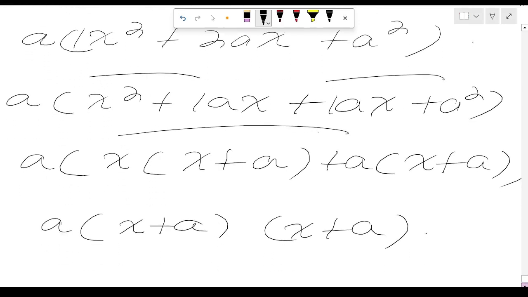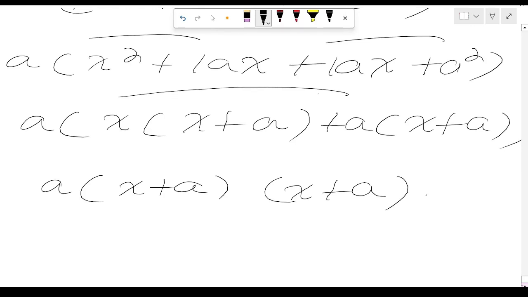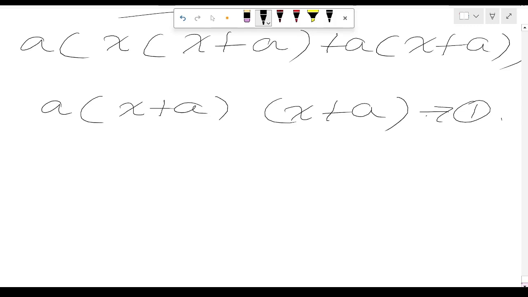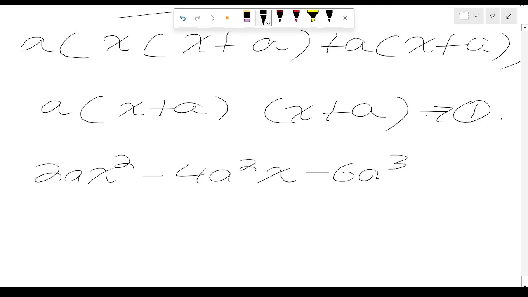Now we have two left, so let's do that too. I label this by 1, so I know these are the factors found for the first. Then I'll write a cube. No, it is not a cube. It is 2ax square minus 4a square x minus 6a cube. Now what is common between these three?